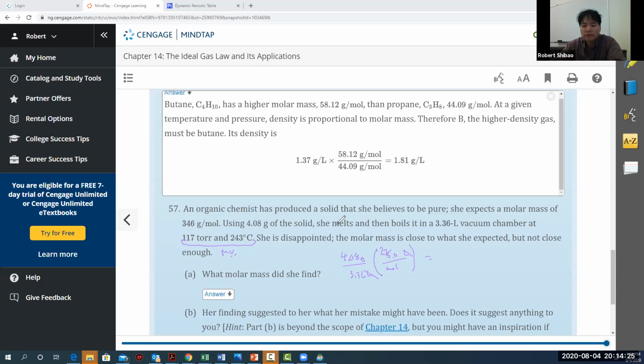And so 275 times 4.08 gives us 1,000. Oh, I forgot to divide it by 3.36.